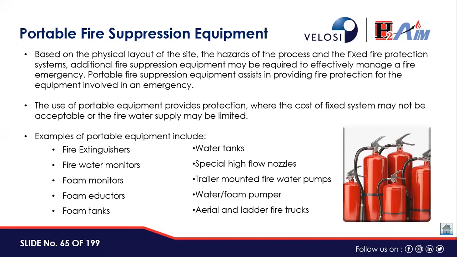It is a part and parcel of the system. Similarly, the ESD system or blowdown system, those are also part of the ESD system, and applicable SIL requirements are determined as per IEC 61511 requirements.